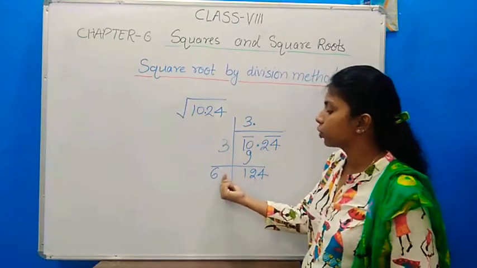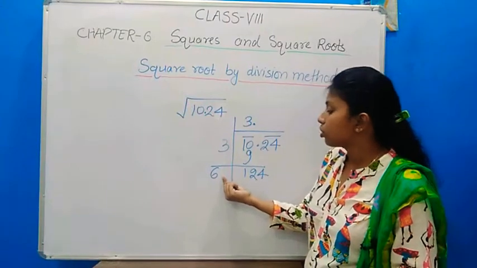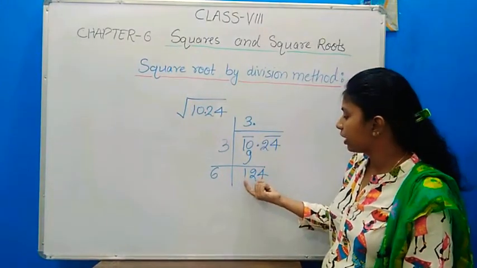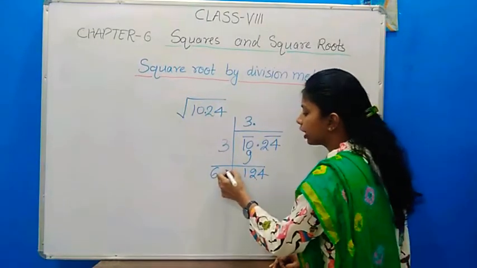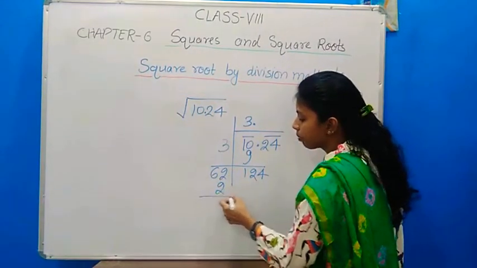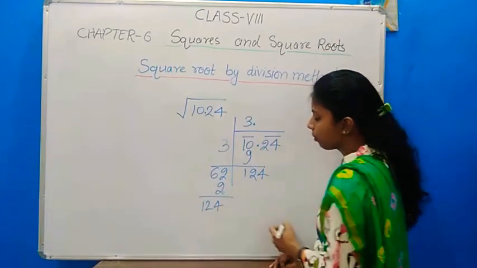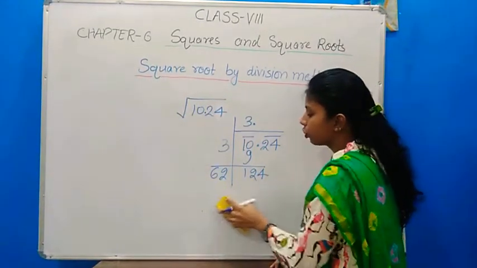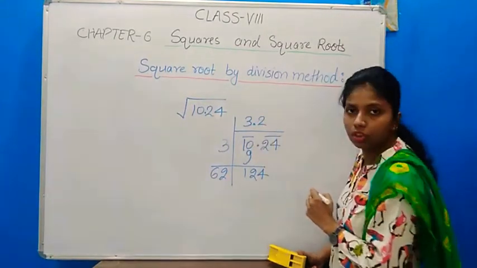Now again I am going to check which number we can take here, so that after multiplying we get 124. We have already done that. If we take 2 and multiply, 2 times 2 is 4 and 2 times 6 is 12. So we can take 2 here. Let's take 2, so we also have to take 2 here.